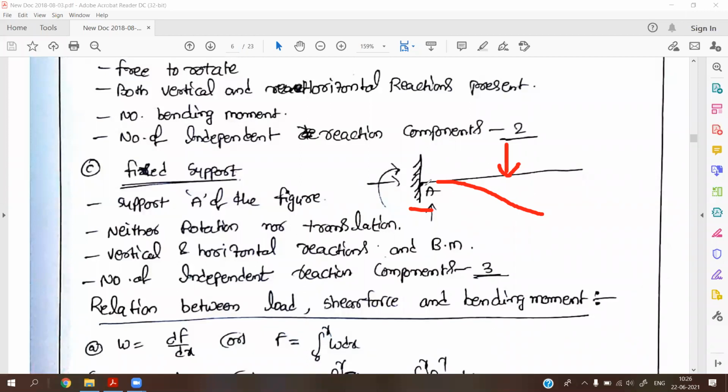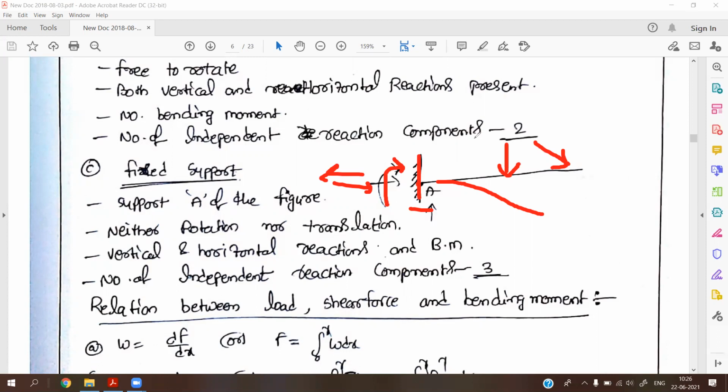But the deflection does not start exactly at the joint A. So indirectly it offers a greater bending moment resistance, because it offers a bending moment at this point. Also, when any inclined or horizontal load is applied on this beam, it does not move in this direction or this direction, because it's a rigid support at A.